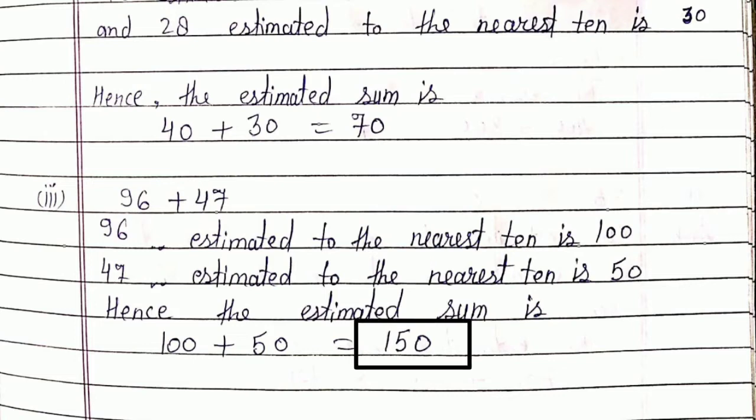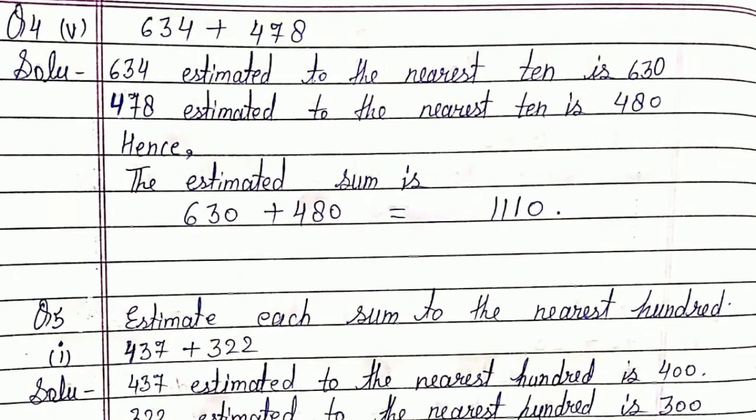Now let us see the next part. Part number 5. 634 plus 478. Here 634 estimated to the nearest 10 is 630 because here 4 is less than 5. Now 478 estimated to the nearest 10 is 480.